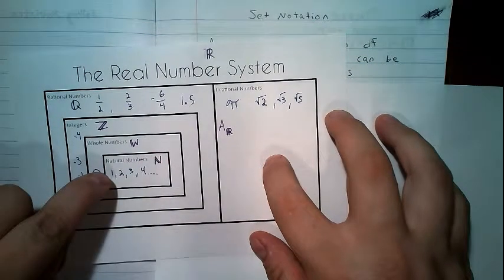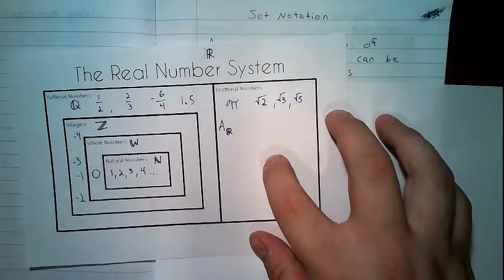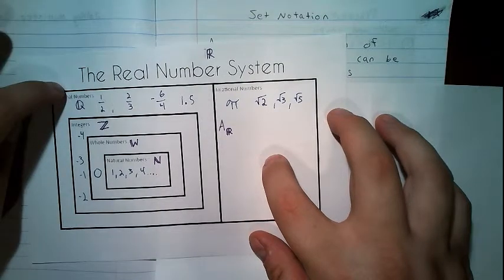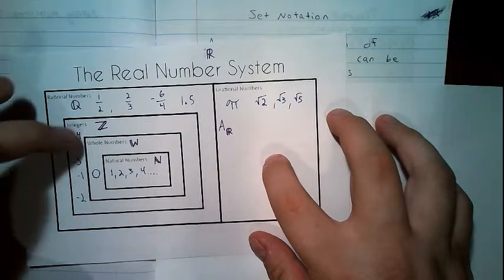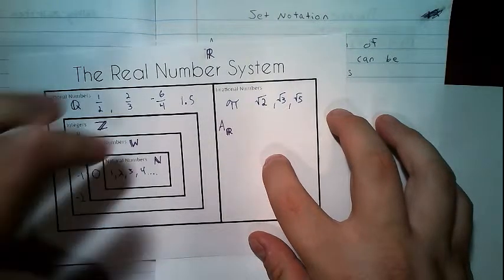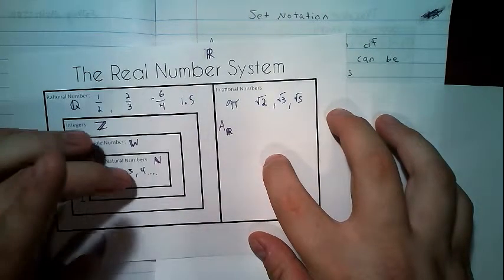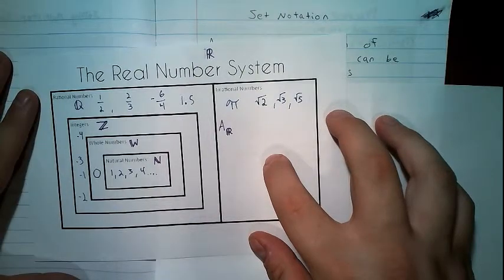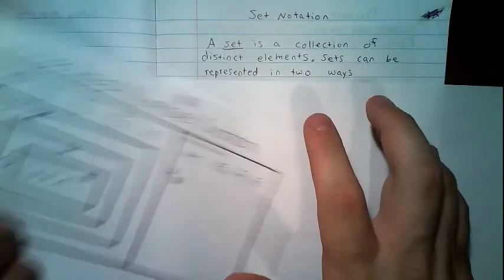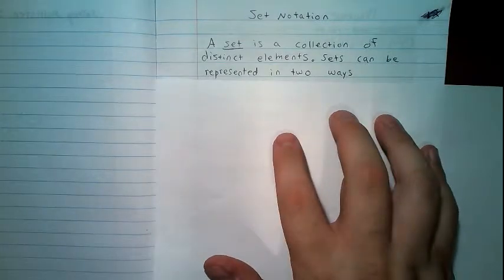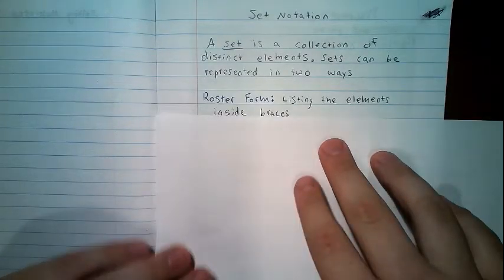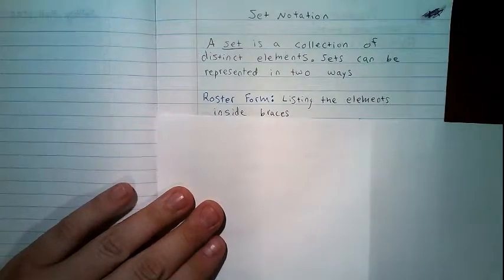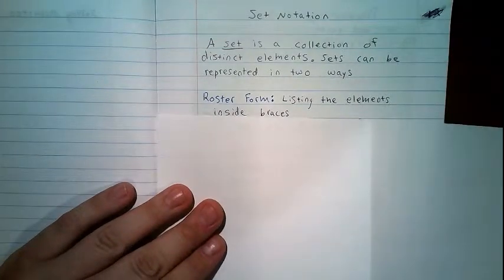Elements in there would be 1, 2, 3, 4, right? The rational numbers, those are a set. Elements in there would be -4, -3, 1.5, 3, 0, right? Those are all elements in there. Elements are just what is in the set.